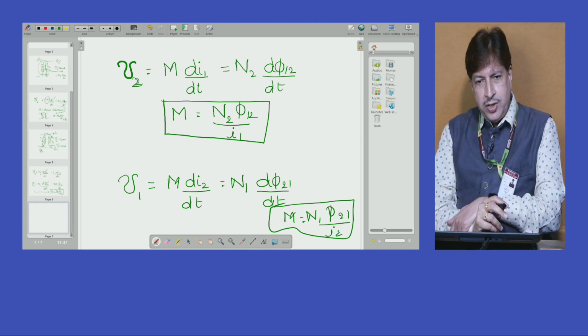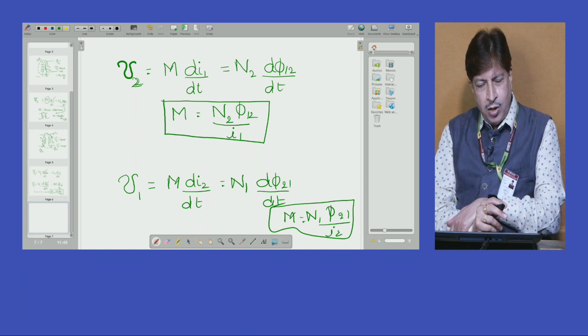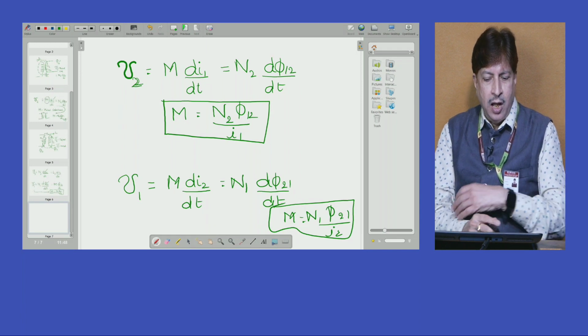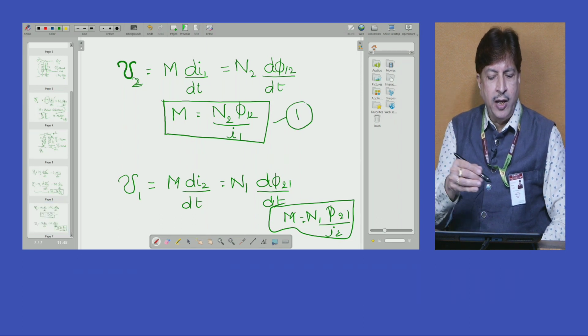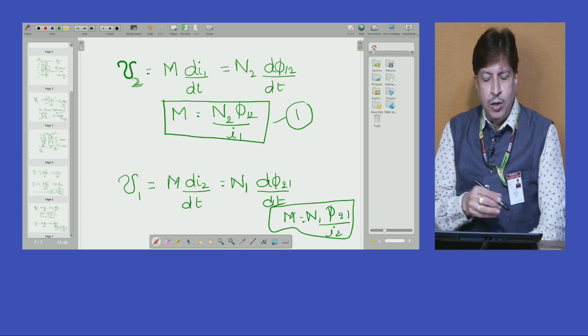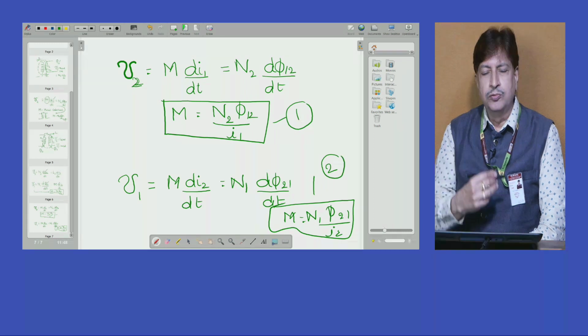So in any magnetically coupled circuit, that is, flux developed in one coil linking the other coil, we have a way of expressing the mutual inductance between the coils either in terms of N2 phi 12 by I1 or in terms of N1 phi 21 by I2.